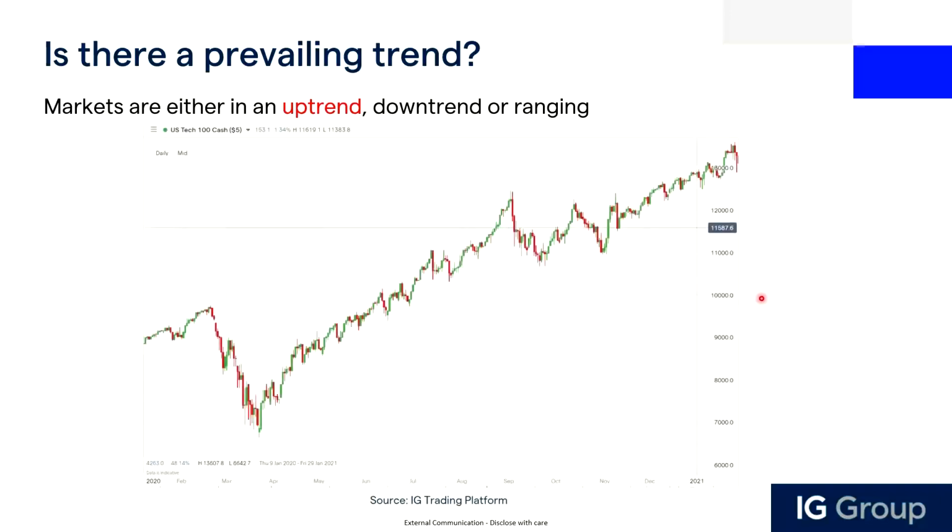If you look at the chart over here, obviously this is an uptrend, for the Nasdaq. Back in COVID, on this daily chart, and I took this screenshot sometime towards the end of last year, you notice that prices went down. It was bearish during March, during the COVID period. And then the US tech market, this is the Nasdaq index, by the way, US tech 100, recovered and formed quite a strong uptrend.